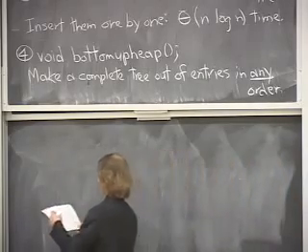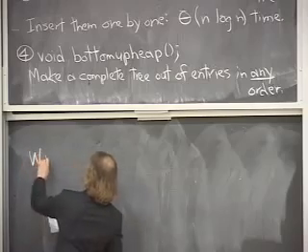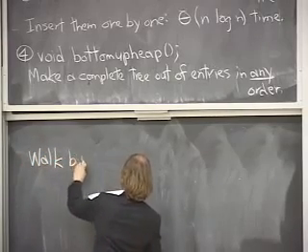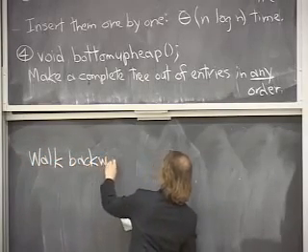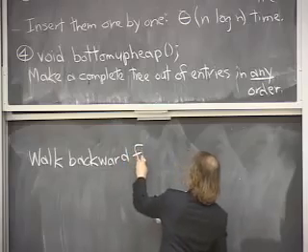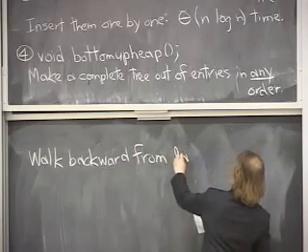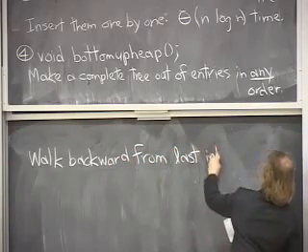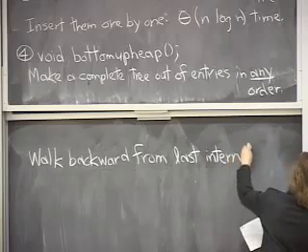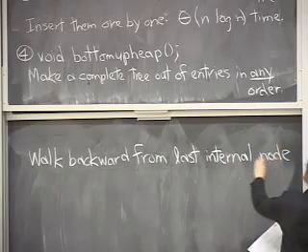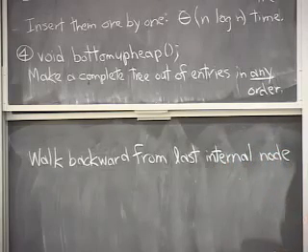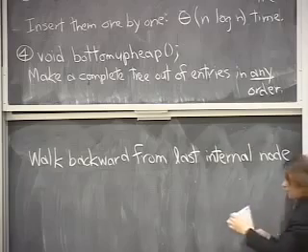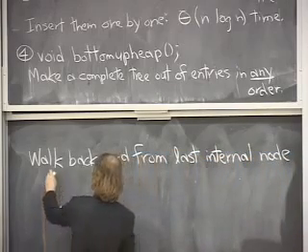You walk backward through the level ordering, or through the array, from the last internal node, an internal node is a node that's not a leaf, to the root.